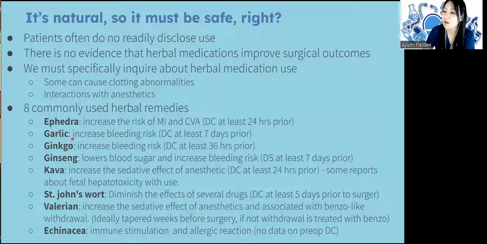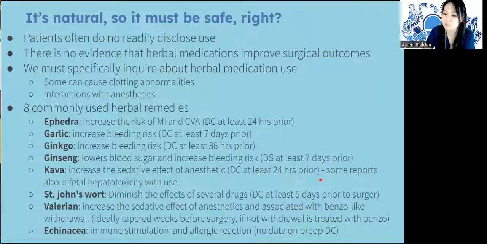What about ginkgo? An increased bleeding risk here as well, and it needs to be discontinued at least 36 hours prior. Ginseng, it does lower blood sugar and increase the bleeding risk, and needs to be discontinued at least 7 days prior. Kava, it increases the sedative effect of anesthetic, so it needs to be discontinued at least 24 hours prior.